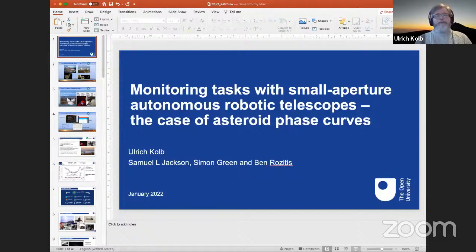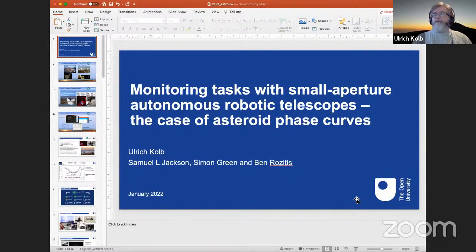The work I present is largely done by my brilliant PhD student Sam Jackson, and the brains behind the asteroid science are Simon Green and Ben Rozitis. I will show you more about those people in a little while, but the first part of my talk is dedicated to the instruments and the setup we have, just to give you an overview of where we are, what we are using, why we are using it, and what the pitfalls were perhaps on the way.